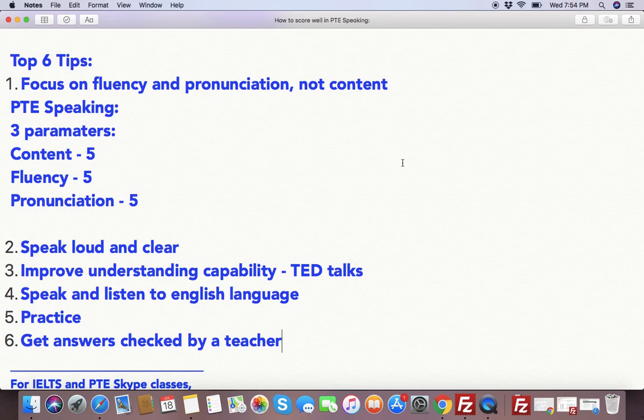You can listen and understand what the question is trying to say. Number 4 is speak and listen to the English language before you sit the test. Right before you sit the test. Number 5 is practice. One thing on one day, divide it out in those days, and then you will improve significantly. Number 6, get your answers checked by a teacher.